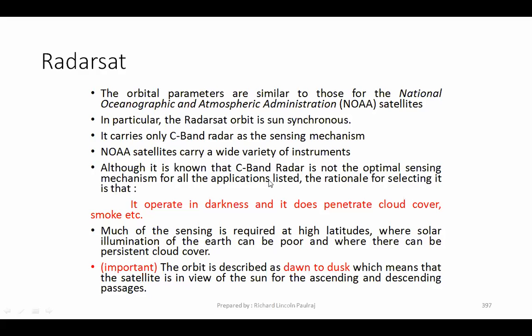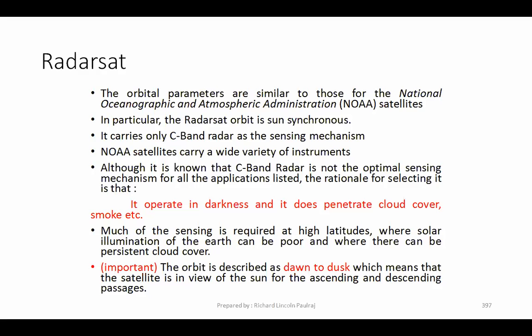Although it is known that C-band radar is not the optimal sensing mechanism for all applications, it can operate in darkness and it does penetrate cloud. So that's the advantage. With Ku band, we have atmospheric losses and rain attenuation when it comes across water molecules. There's a loss that could occur.